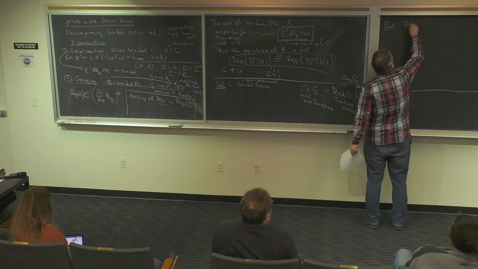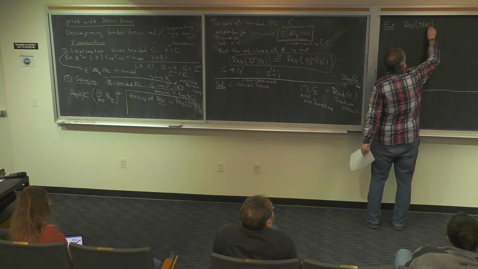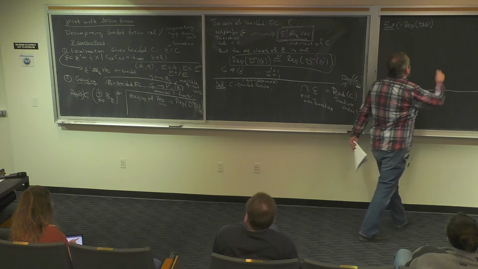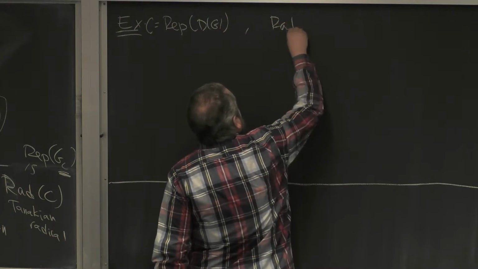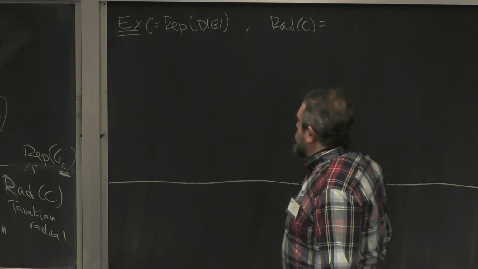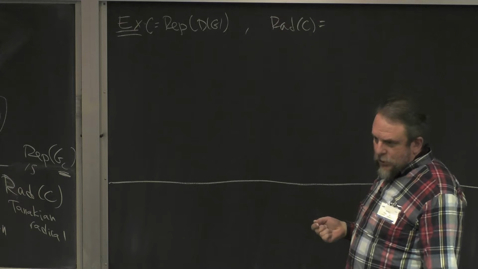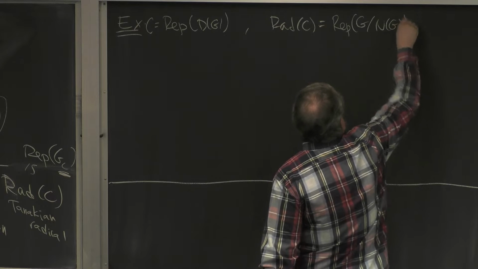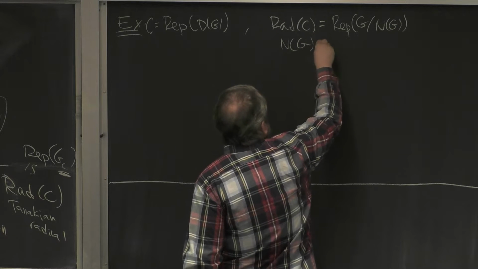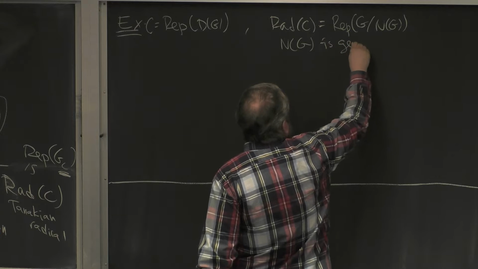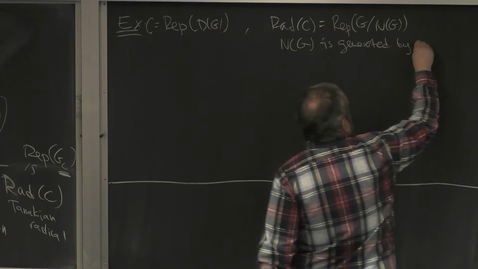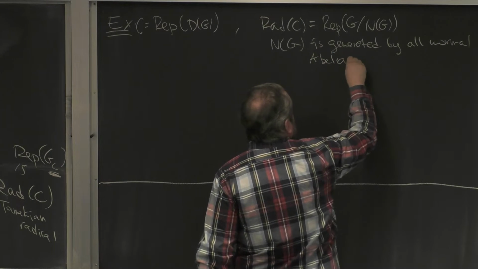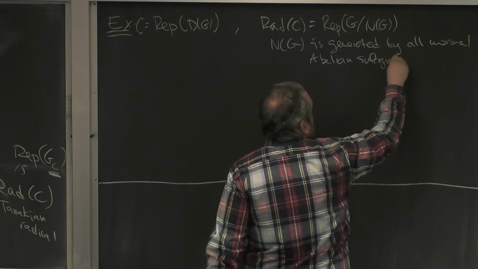Let's take representations of the Drinfeld double of a group, and let that be C. Then the radical of C is necessarily representations of a certain quotient of G, and this will be representations of G by N_G, where N_G is generated by all normal abelian subgroups of G.